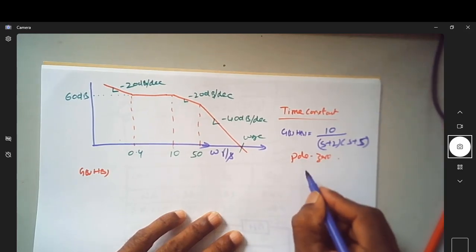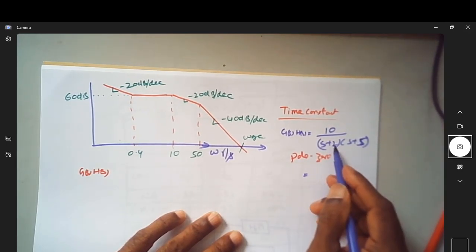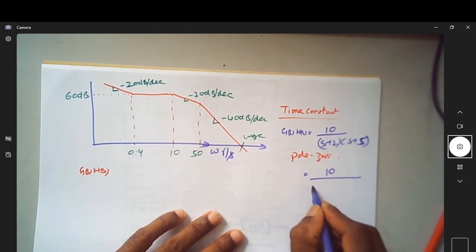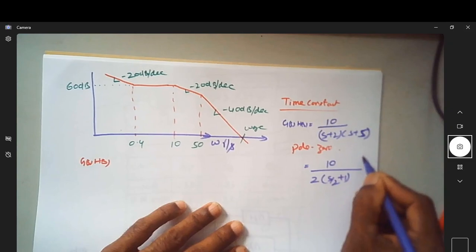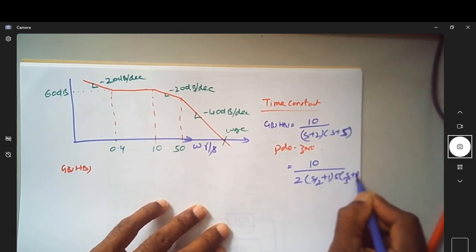In time constant form, we want to get the transfer function in the form of 1 plus s tau. Now this 10 is there, I'll take out 2 from this factor. Now this will become s by 2 plus 1. I will take out 5 as common factor. This will become s by 5 plus 1.